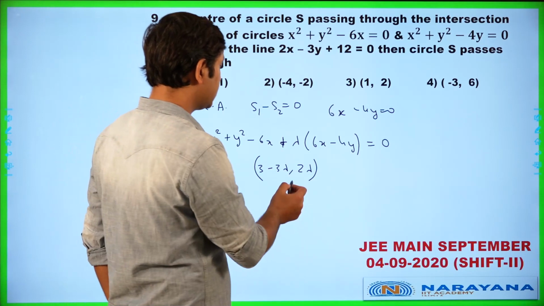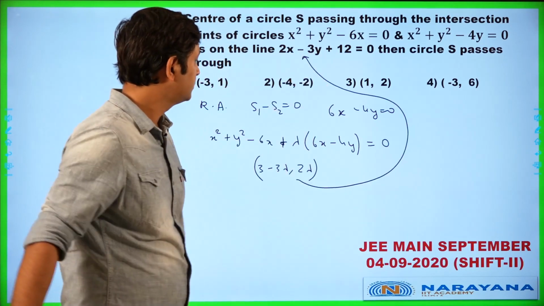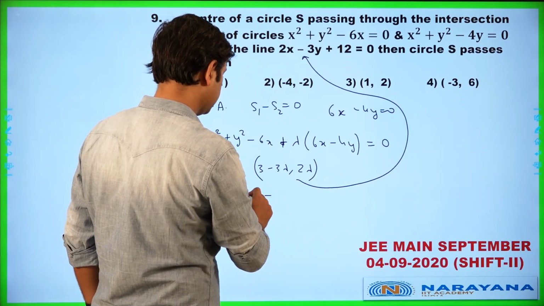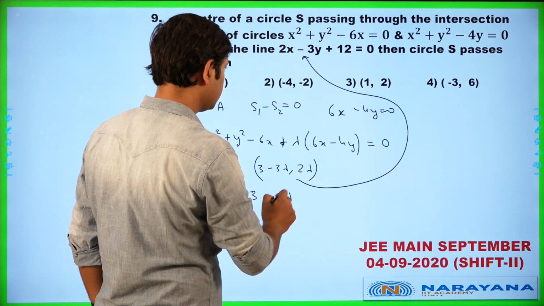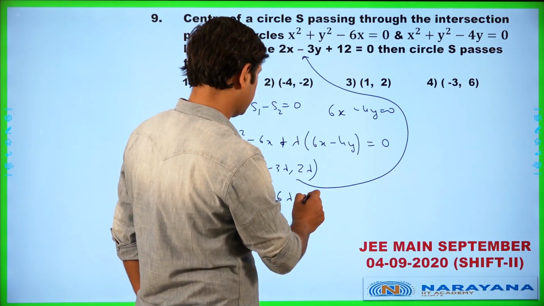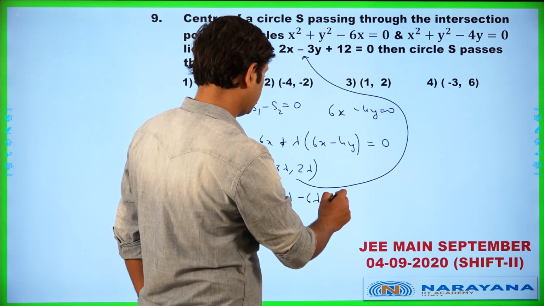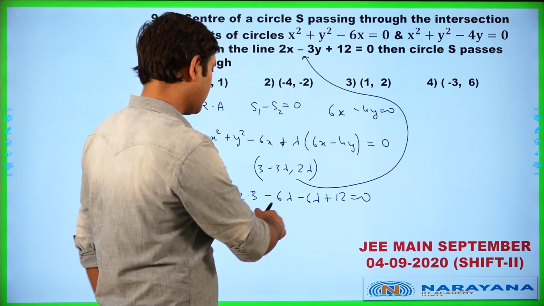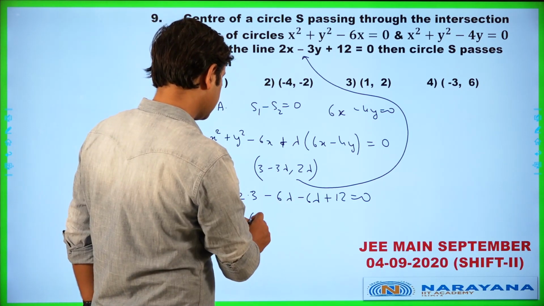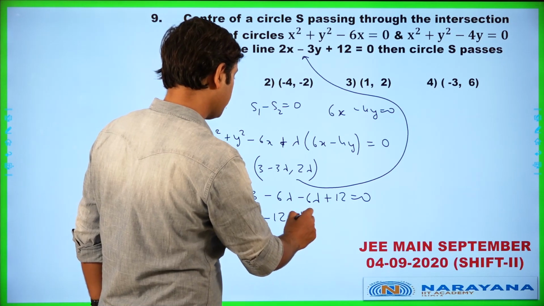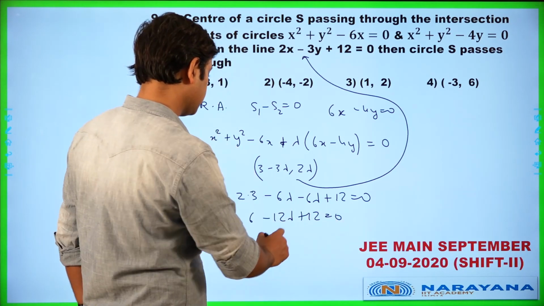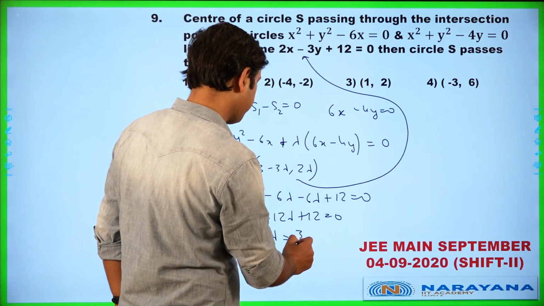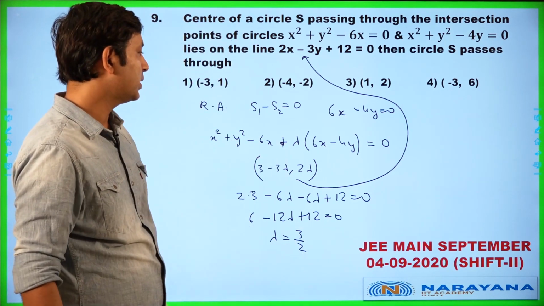The center we will put in this line, we will get twice of 3 minus 3 lambda, and here we have 12 lambda, 6 minus 12 lambda plus 12 is equal to 0. Lambda will come out to be 3 by 2.